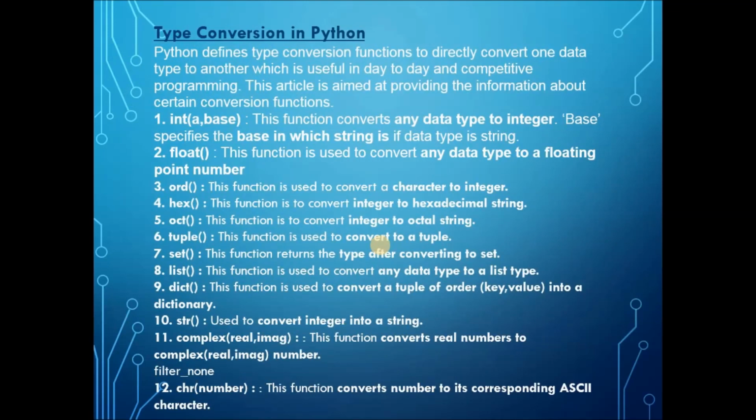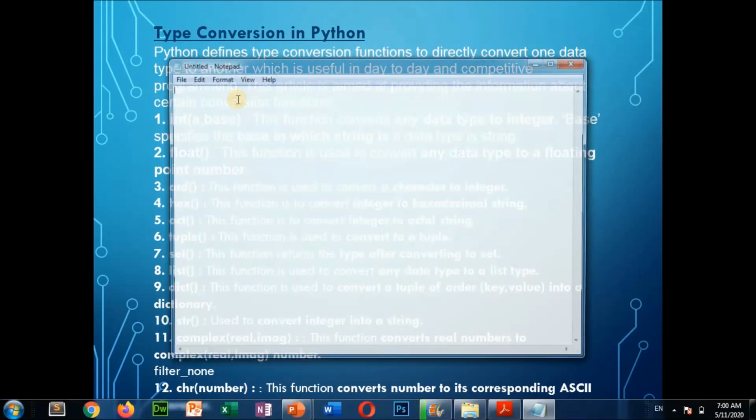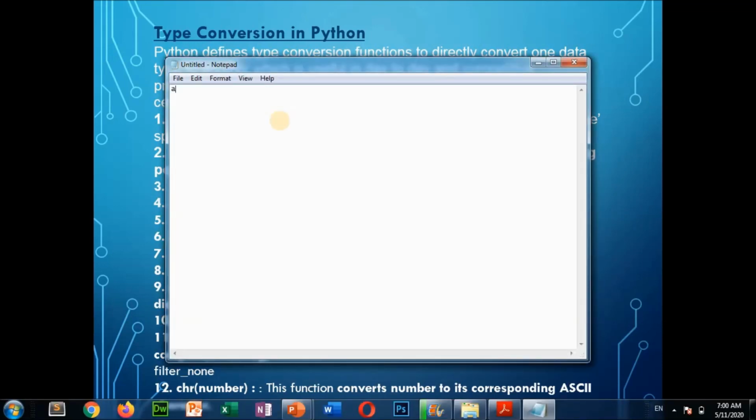These are some type conversion functions. If you want to convert a string value to an integer, suppose you write a = '5', inside single quote. Again I'm going to show you. This is a string, as I have already told you, if it is inside single quote or double quote.